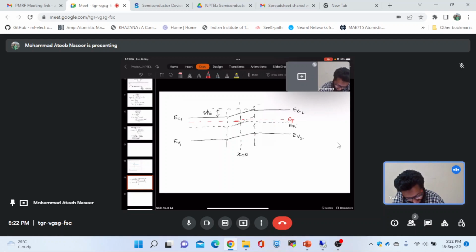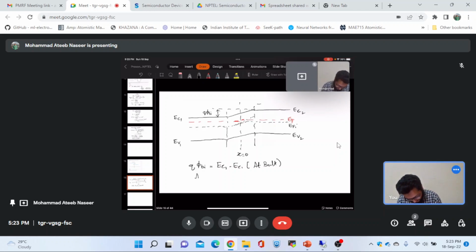This will simply mean that I have to solve for the charge densities to get this built-in potential. I can use the potential balance simply to get this built-in potential. Let me say that qφBI will simply be the difference of EC2 minus EC1, but EC2 minus EC1 at bulk. This is important, at bulk.